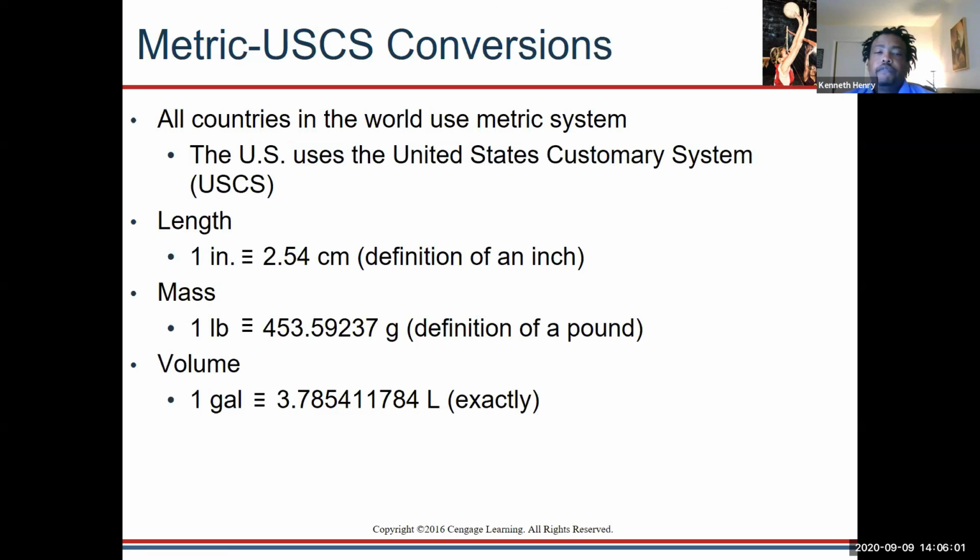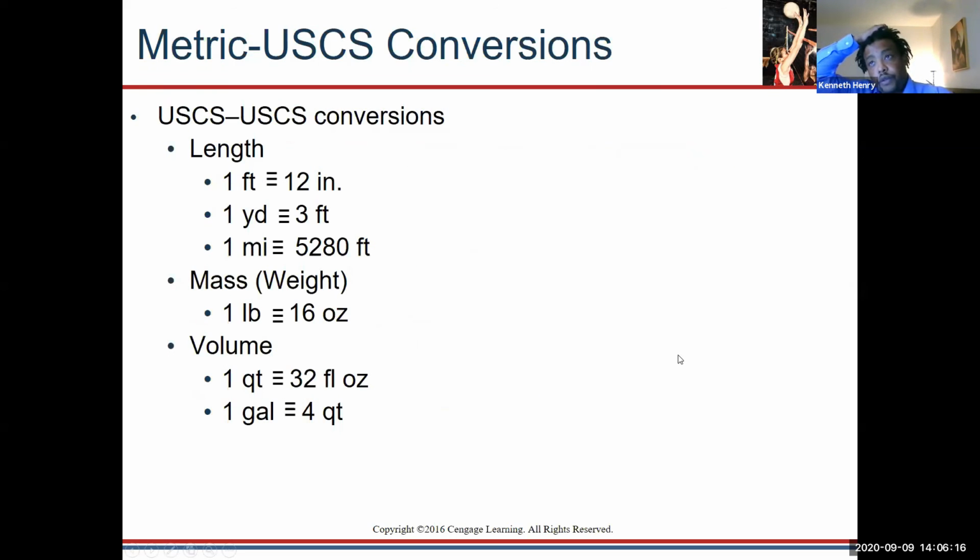And volume is going to be in gallons. So 1 gallon is going to be equal to 3.785411784 liters. Now, this here is basically our US customary system.